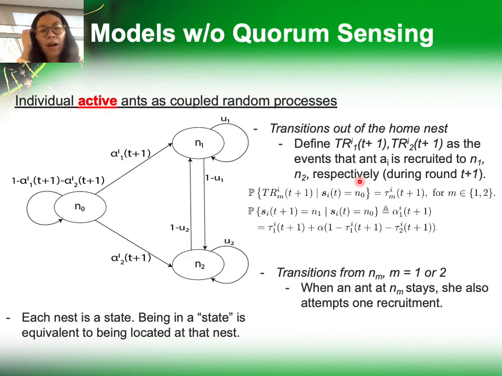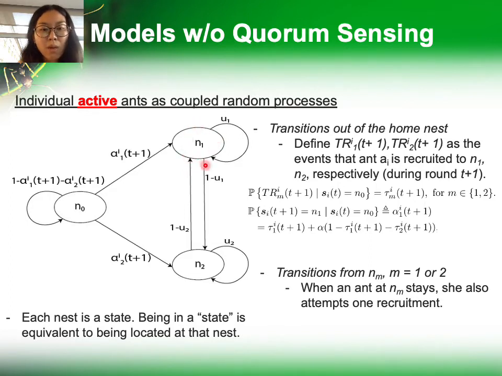Next, I want to introduce how we model the transitions from N1 or N2. As you can see here, at either of these two states, there are two arrows coming out of them. So this U1 means an ant at N1 chooses to stay at N1. When an ant does that, she also attempts to recruit another active ant from N0. The probability of doing this is proportional to the quality of this nest.